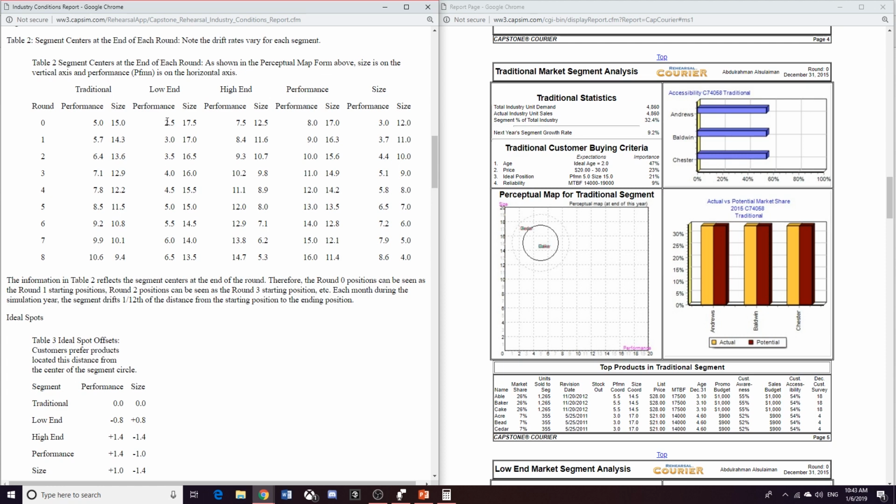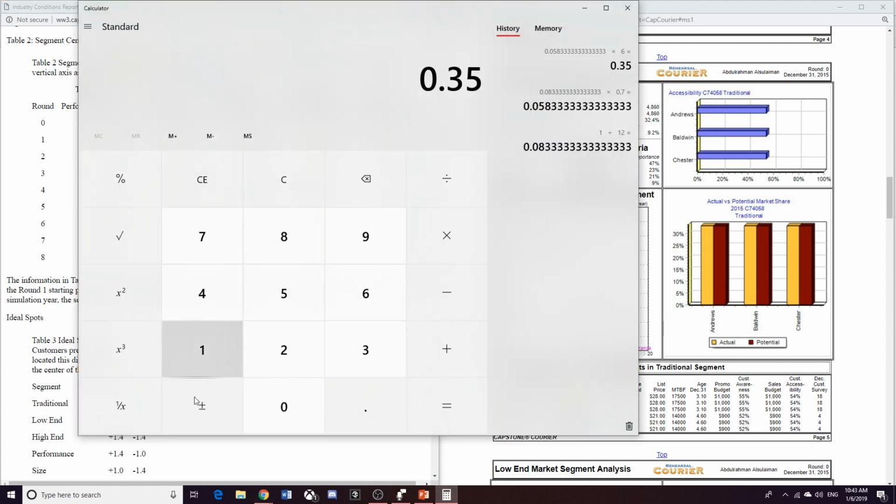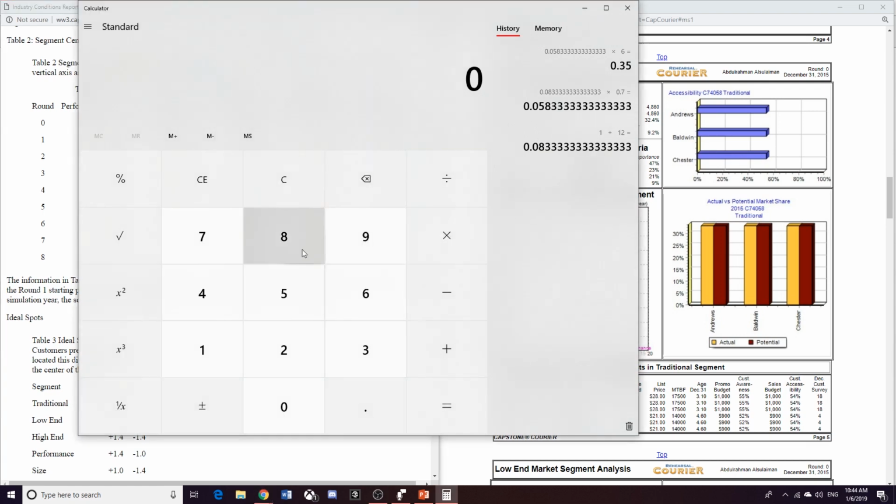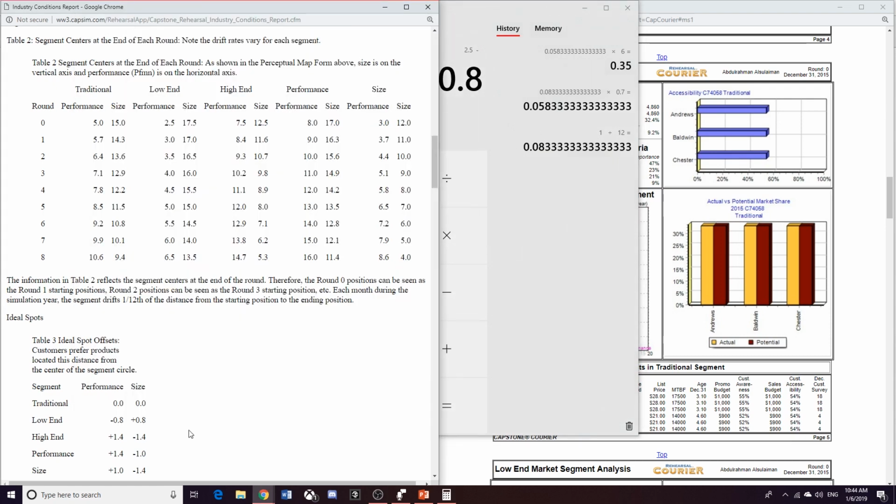So for performance, they want 2.5, negative 0.8 or minus 0.8. So we go back to the calculator, and we say the segment center is, what was it? It was 2.5. So 2.5 minus 0.8, which is here in the ideal spot.